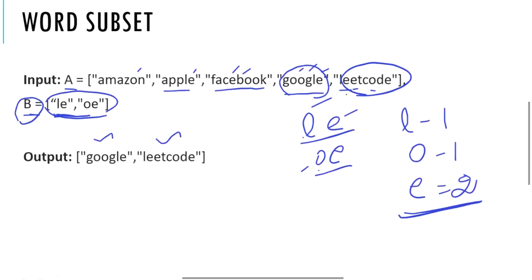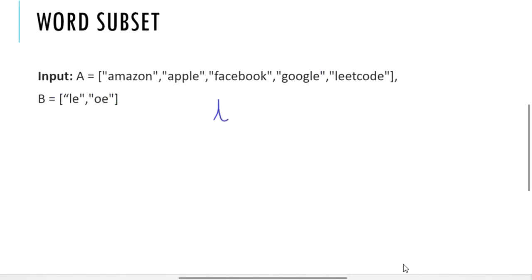If we are counting or converting the characters of B into a single character array, it would have the count of L once, O once and E twice. To avoid that, we are going to get the help of one more temporary array. So let's have a temporary array temp, which is going to save the characters of all words in B. The first word is LE, so it will have 1 for L and 1 for E. Now we have one more array T, which is going to hold the max count so far.